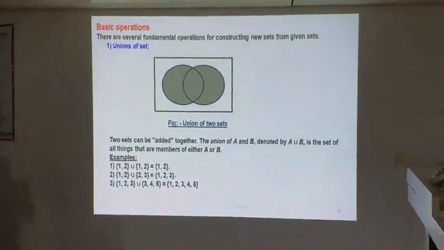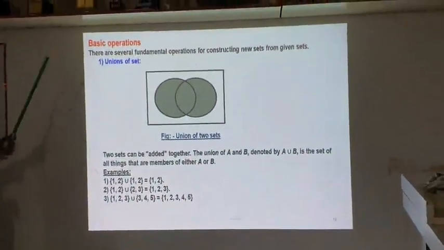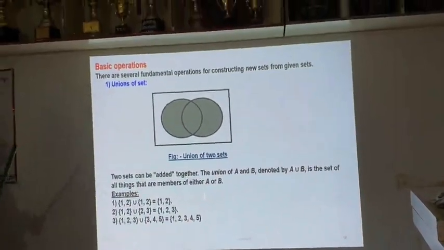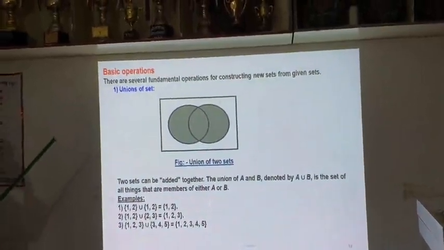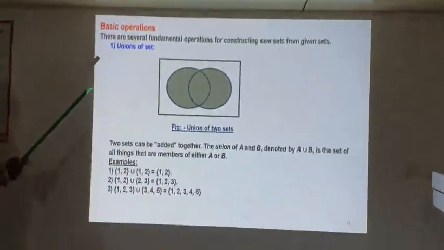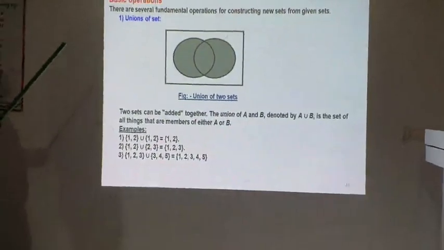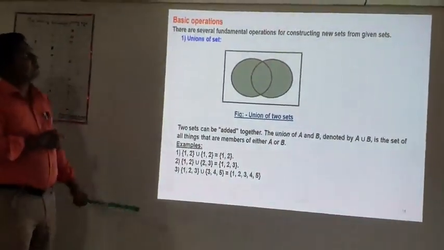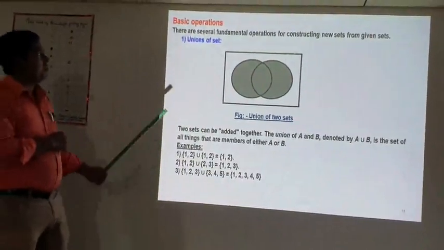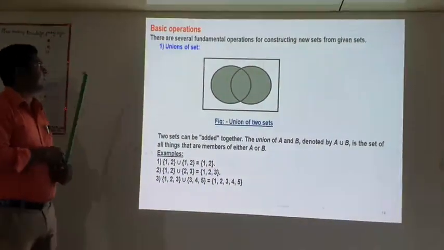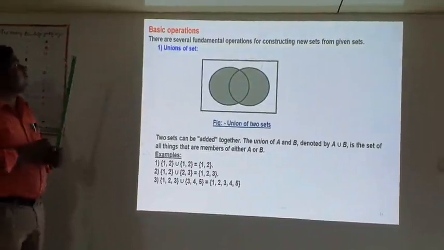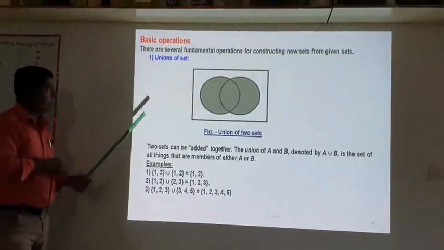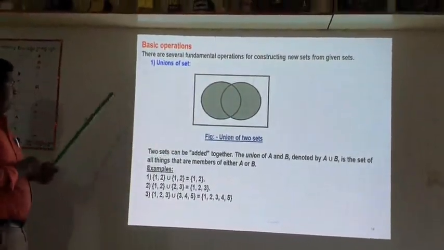Now we discuss the basic operations. We will discuss union of sets, intersection of sets, difference of sets, and complement of sets. There are several fundamental operations for constructing new sets from given sets. We discuss here the union of sets. Union of two sets means what?